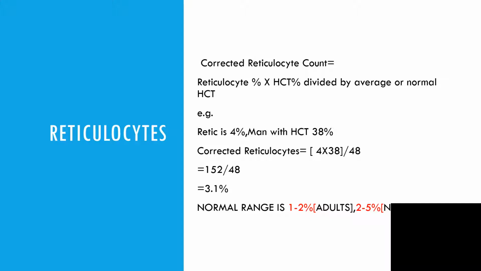The normal range of reticulocytes is about 1 to 2%, or we put it at 0.5 to 2.5. Different books will give you different values. That is in adults. In children, the value is expected to be between 2 to 6, or sometimes 2 to 5%, which is higher in children, or let me say newborns and infants.